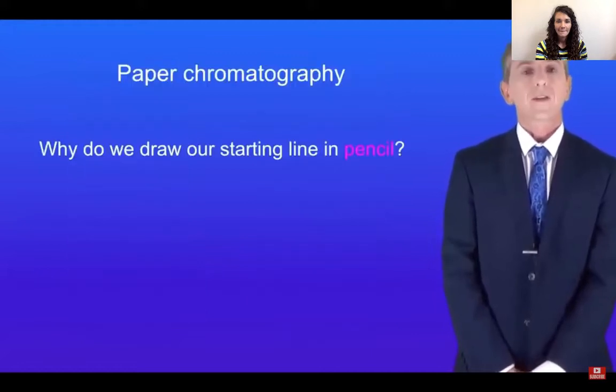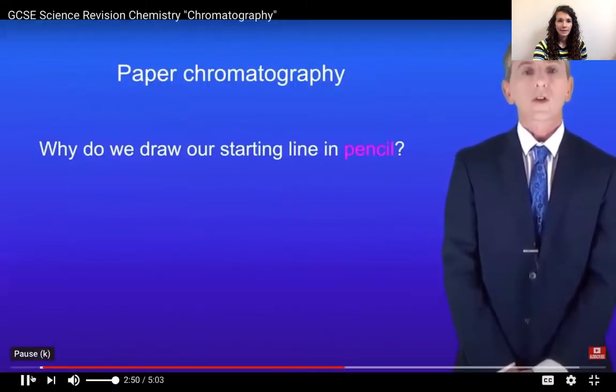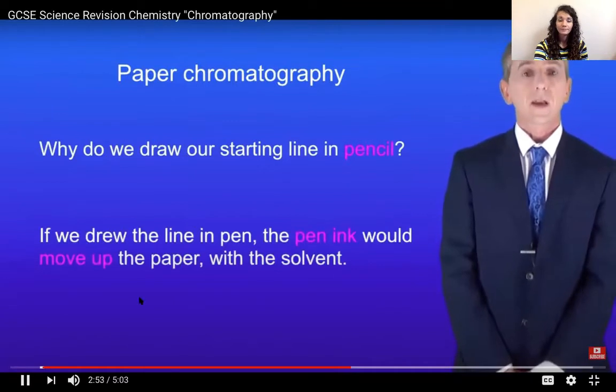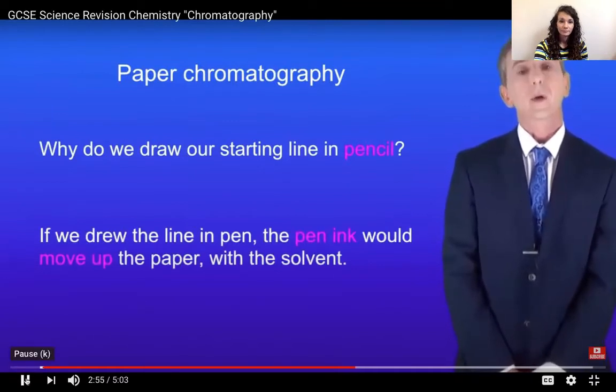One question which is often asked in exams is, why do we draw a starting line in pencil? When he says often asked, I promise you, any question in a GCSE paper that is about chromatography, I haven't ever seen one that doesn't have this part of the question in it. Well, that's because if we drew the line in pen, the pen ink would move up the paper with the solvent.